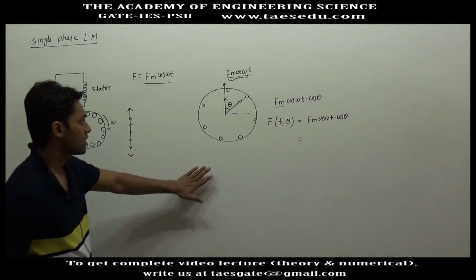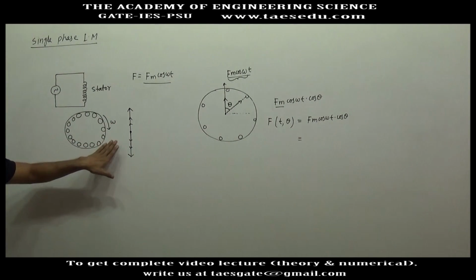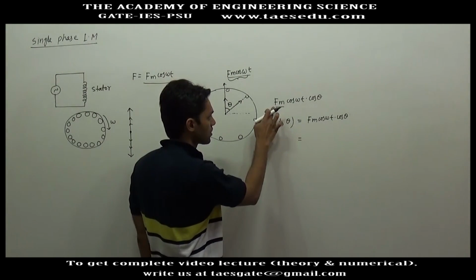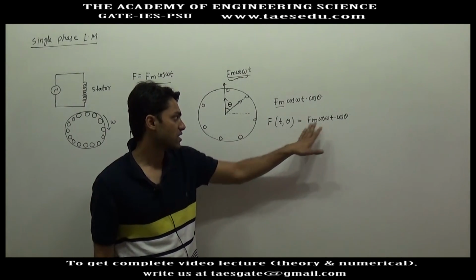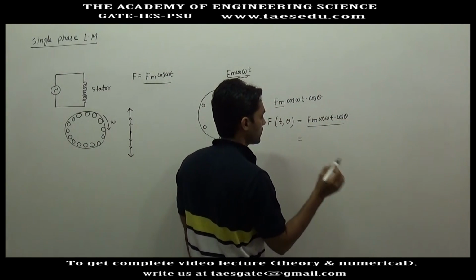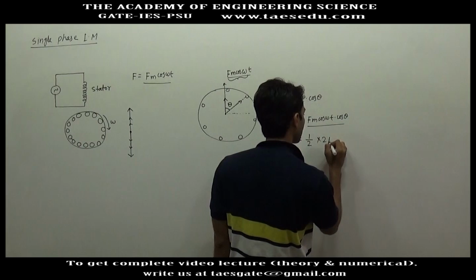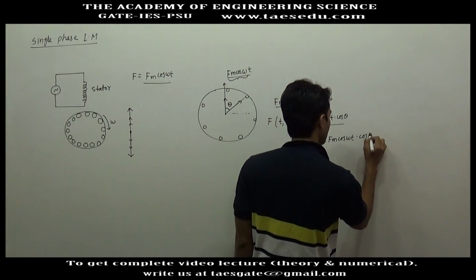What we are doing here is trying to analyze, if it is given an initial speed, how it will start rotating. For that, first we are trying to find out the time as well as space variation of this magnetic field. So we have this expression. Now if we split it, this can be written as half into 2 Fm cos omega t into cos theta.